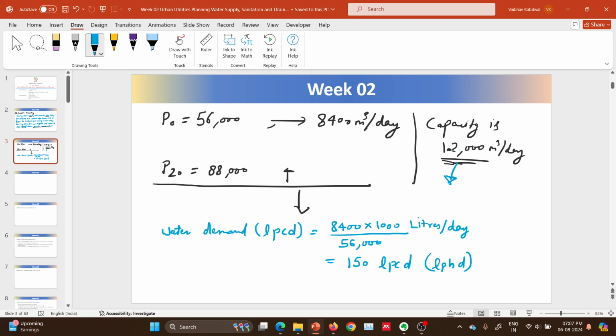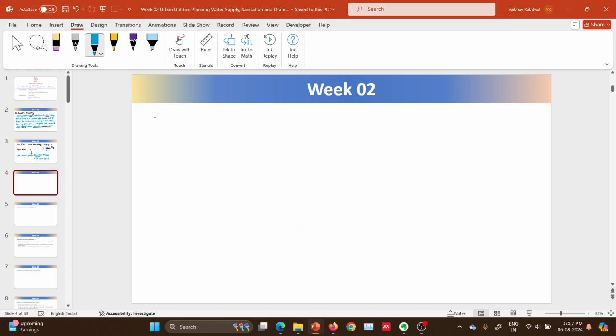When the plant reaches 12,000, how much population is there at that time? The population served by the treatment plant at full capacity.